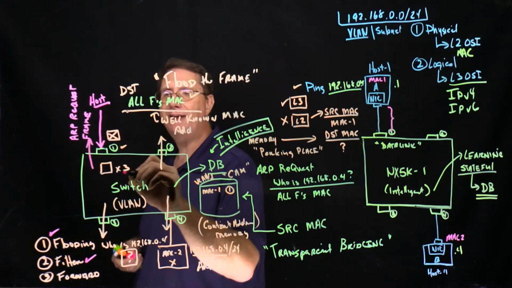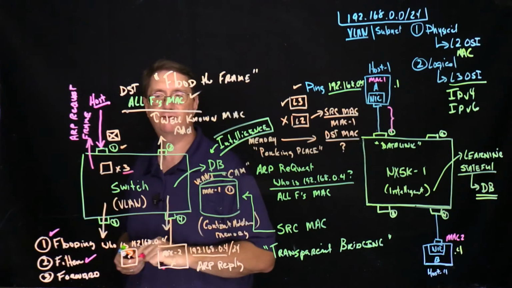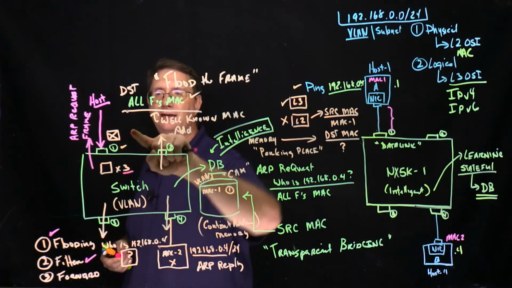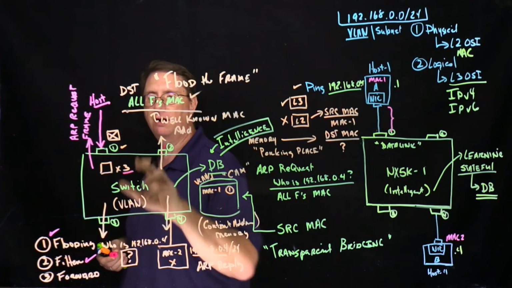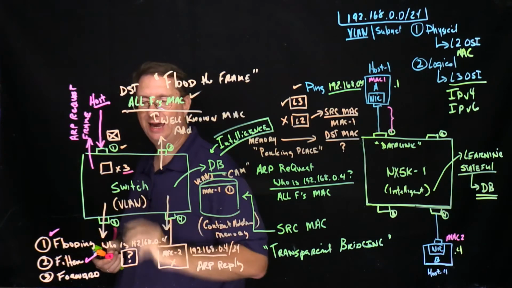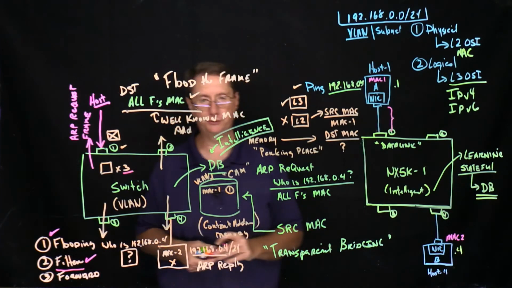So that's why we only make 3. In this instance, I have 1, 2, 3 ports that I can send information out of. And instead of sending the third frame out of port 1 back the way it came, I go ahead and perform filtering.